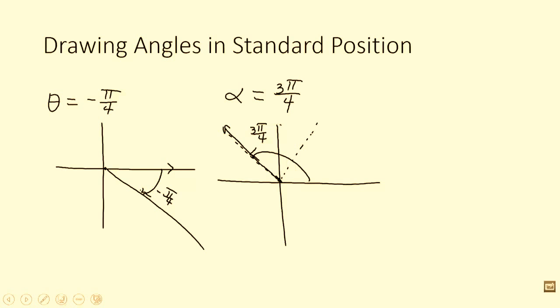Let's do one more. Let's take the angle beta is equal to a negative 7 pi over 4. In standard position, it's a negative, so we want to generate the angle theta in the clockwise direction. So beginning here, we have, like this.